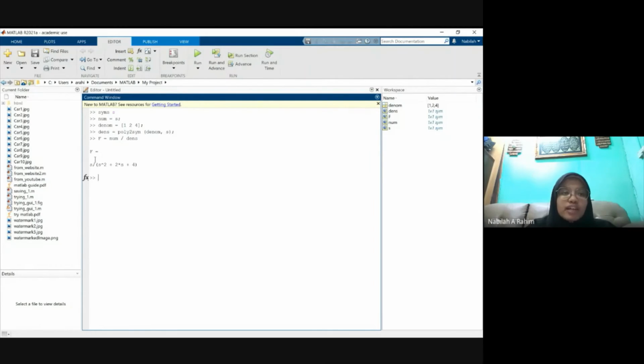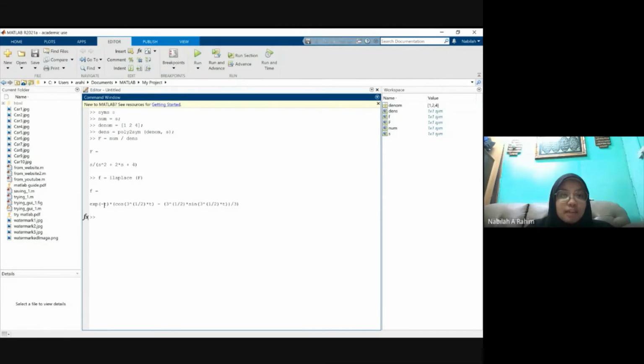So s over s squared plus 2s plus 4 is the function for question 4a, and then I will need to inverse the function: f equals ilaplace(f).